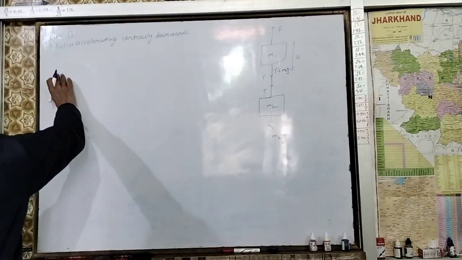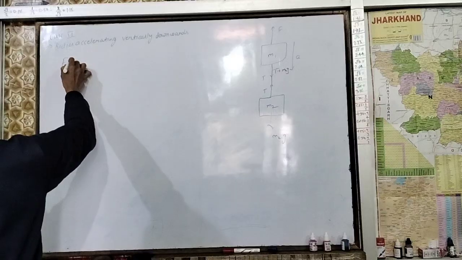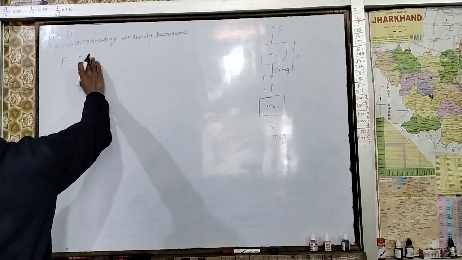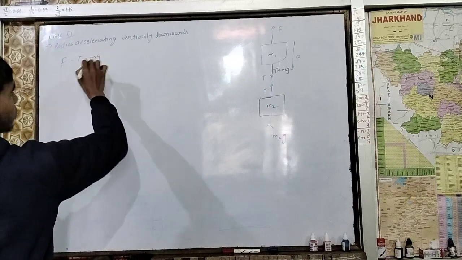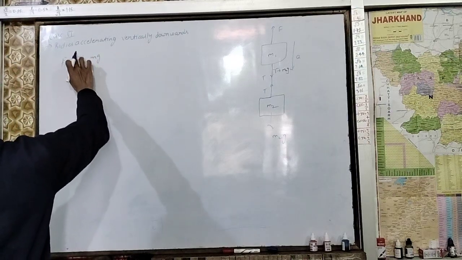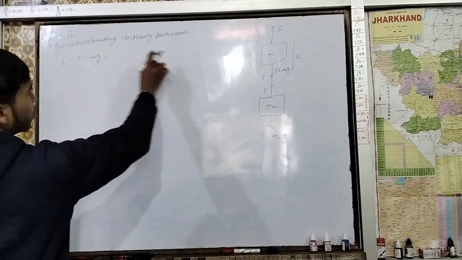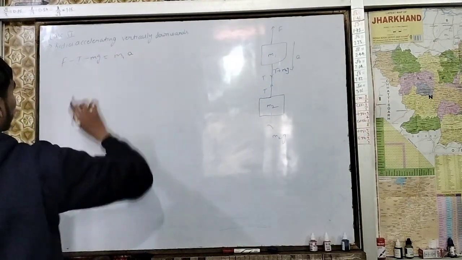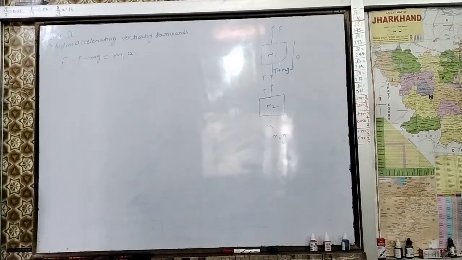Now you can finally write F minus T plus, here this will be minus mg, which is equal to ma. So m1 into a. This is our equation.